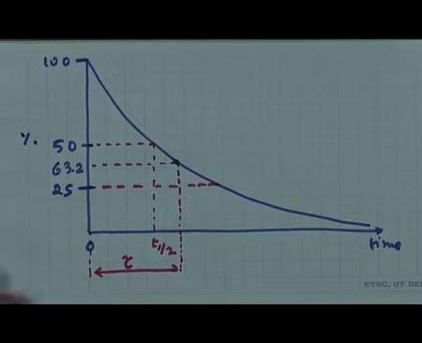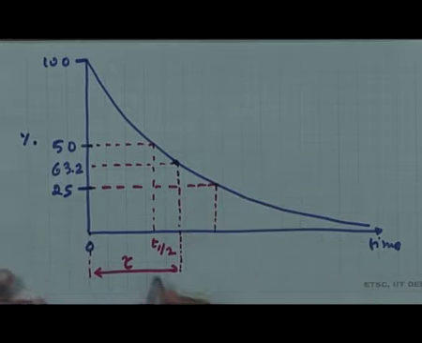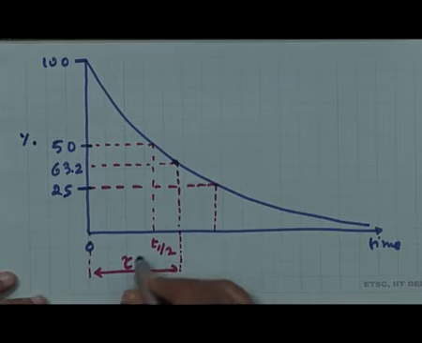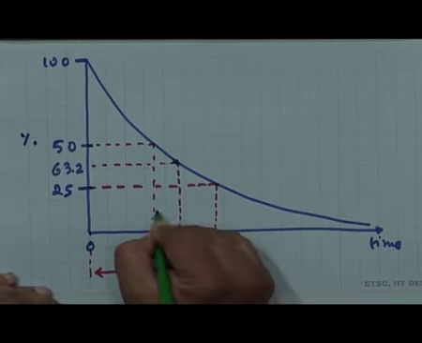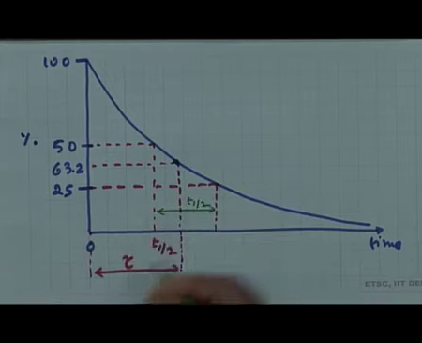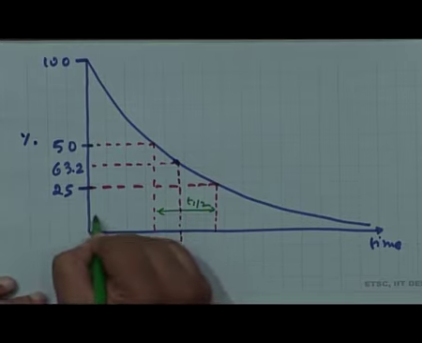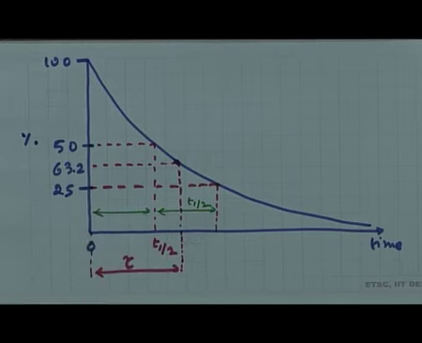From here to here is T half 1, and this would be another T half, the next T half. This T half and the first T half, are they not the same, though it is not drawn to scale?